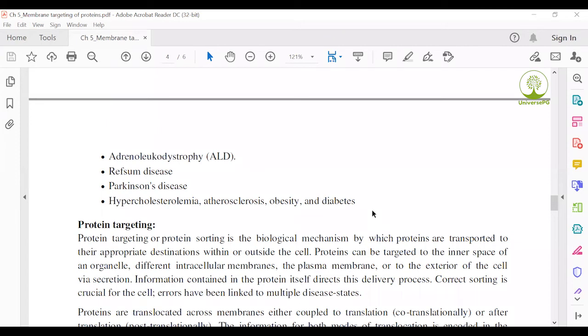Then the excess sweet food creates an abnormal condition in the body. This is called diabetics.